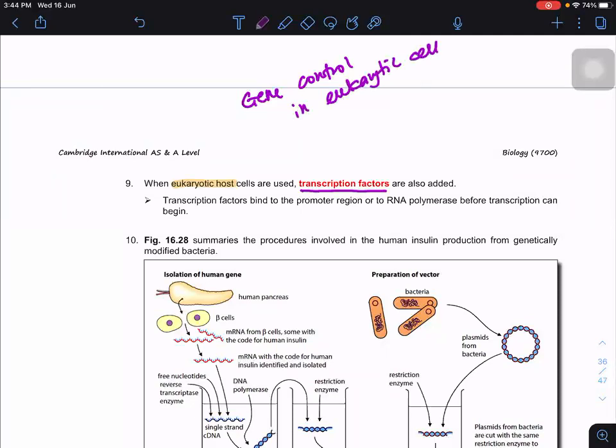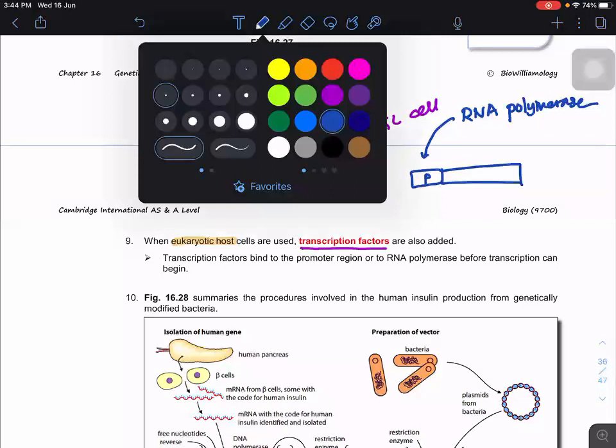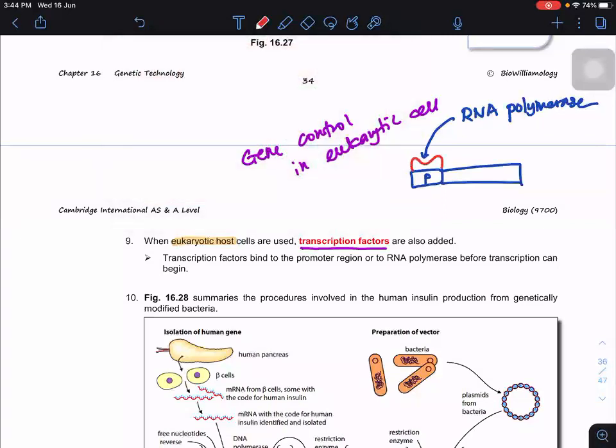If we have the gene of interest and the promoter, in a prokaryotic cell RNA polymerase can bind to the promoter directly to initiate transcription, but in eukaryotic cells RNA polymerase cannot directly bind to the promoter, so we need the transcription factor to bind first. Only when the transcription factor has bound can RNA polymerase bind to the promoter and initiate the transcription process.